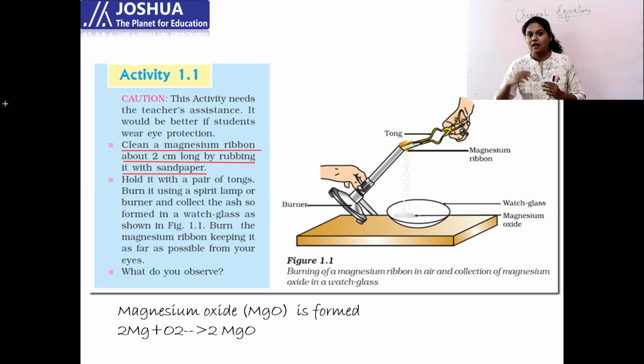It will react with the atmospheric oxygen, and it will form a layer of oxide around it. When you burn this magnesium oxide in the fire, you will not find the perfect result. You will not see the perfect burning of that magnesium. So before you burn the magnesium ribbon, you have to clean it with sandpaper.